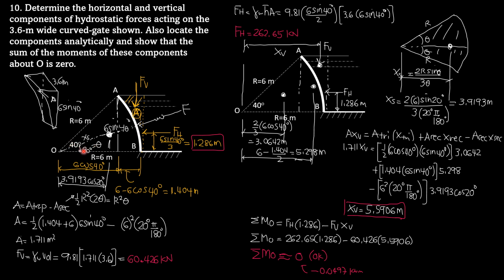So theta is 20 degrees. That's also 20 degrees there. And the distance from O to the centroid of the sector is, I denoted it here with XS, along the axis of symmetry. And XS, if you can recall from your calculus, is 2r sine theta over 3 theta.